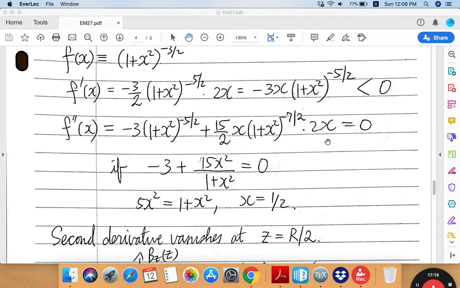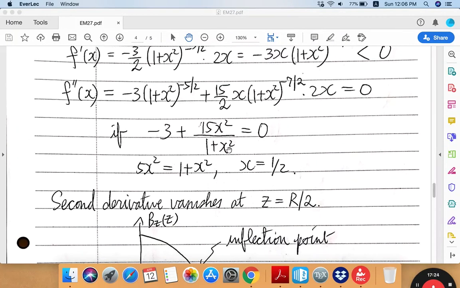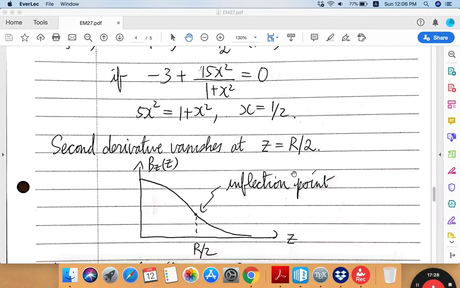And when that happens, we call that an inflection point. And if you do this algebra, then it turns out that the inflection point occurs when x is exactly 1/2, or when the distance is exactly 1/2 of the radius of the ring.